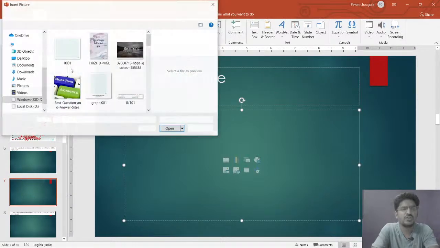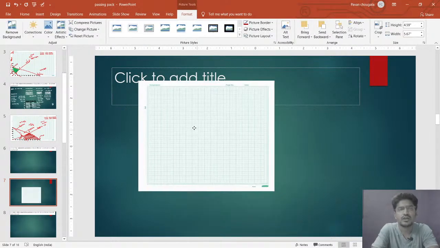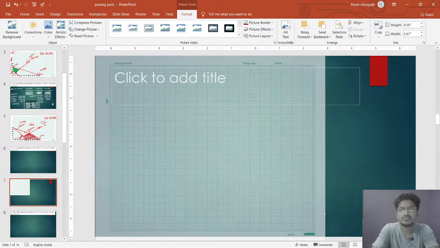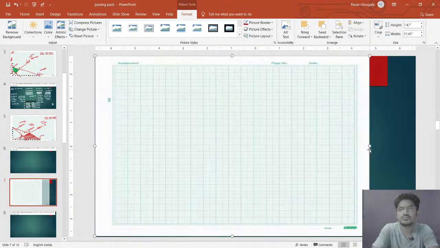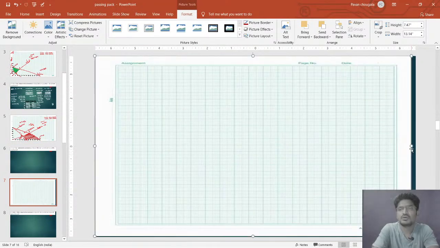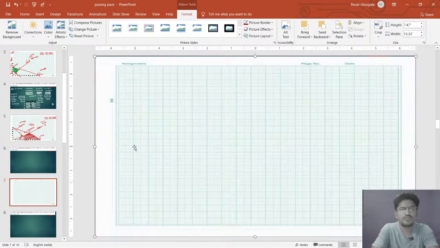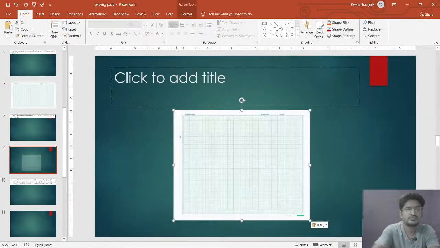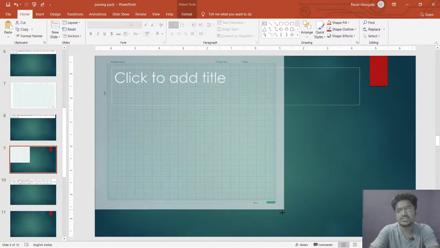I am going to get the graph sheet because I have not taken the graph sheet here. Okay. Now let us go for solving the graph. Clear? Only a few seconds.